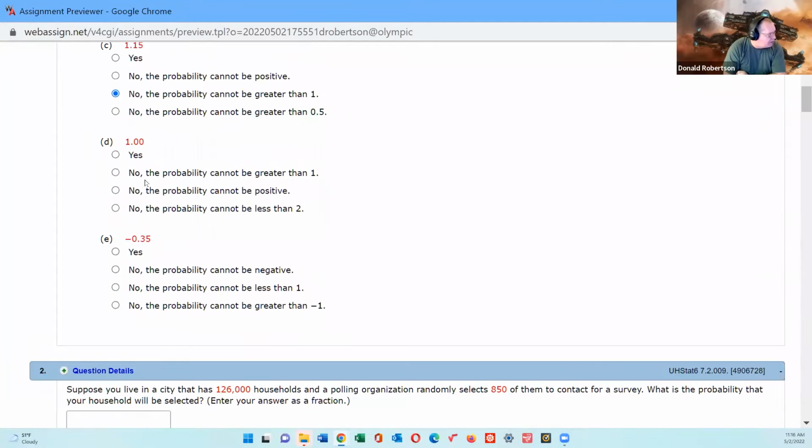What about D, yes or no? Careful. Can you have a probability of 1? Yes, 100%, or 1, with 0 on the other side. So it's a yes. Now, what about negative 0.35?